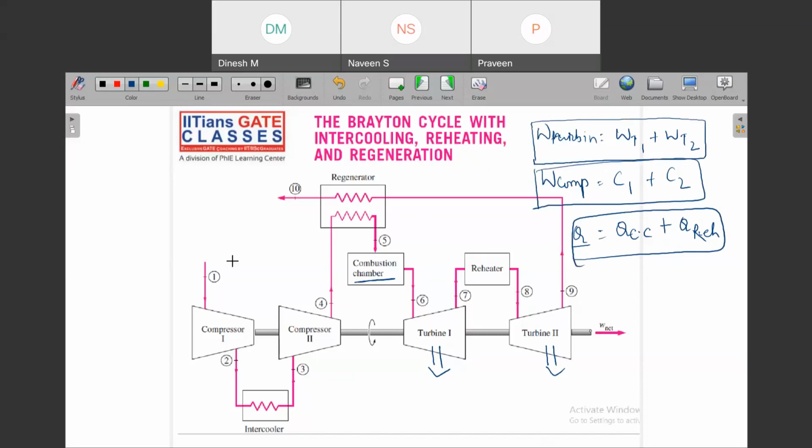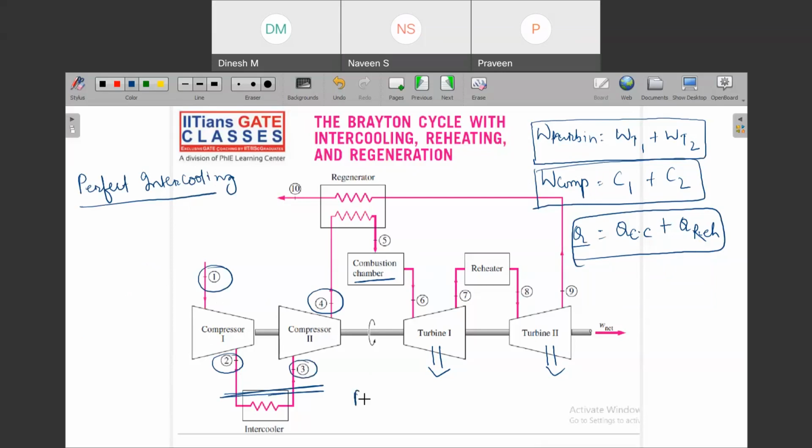Now, there is one ideal condition for perfect intercooling and perfect reheat. I am writing this with respect to perfect intercooling. Then you are desired to reach from P1 to P4. Then what are P2 and P3?